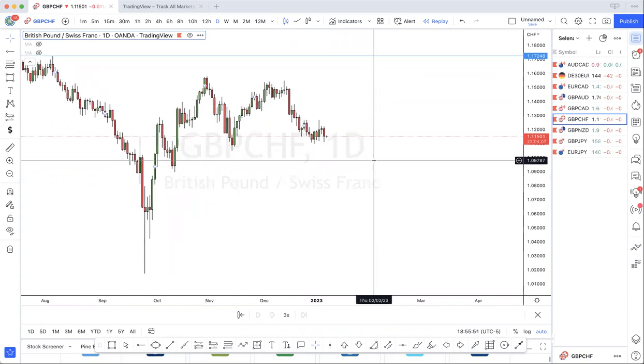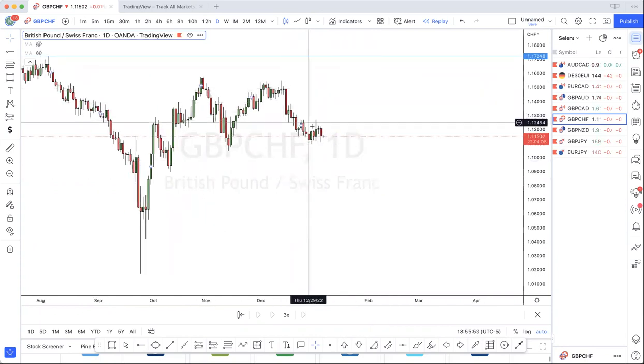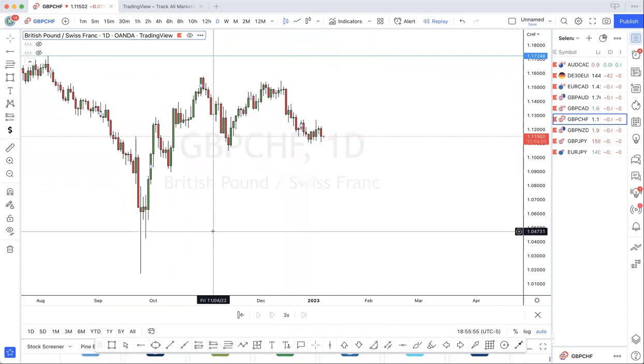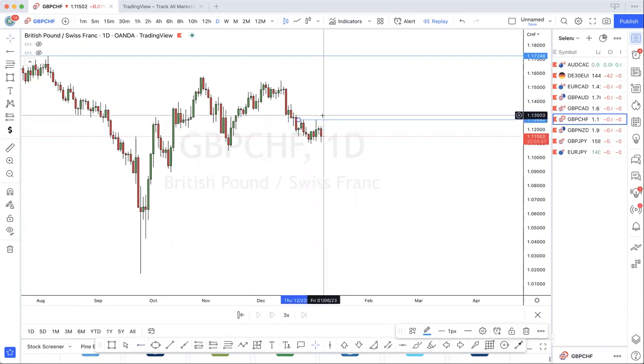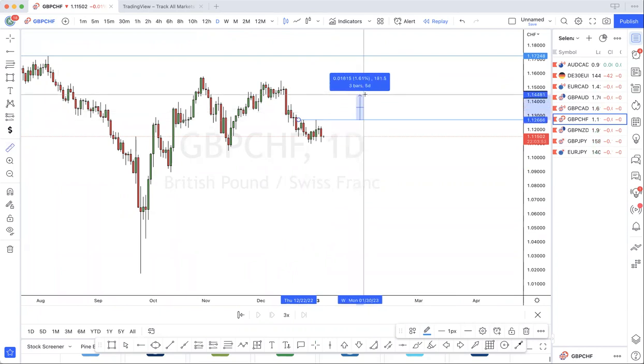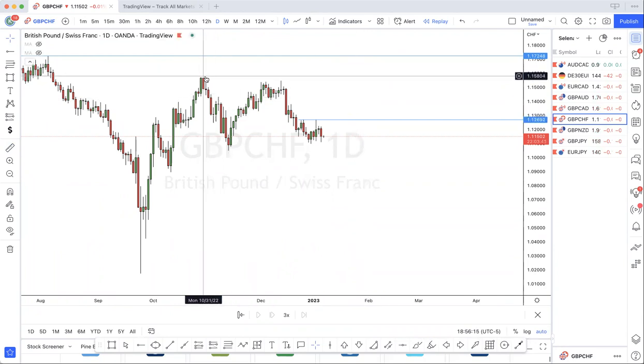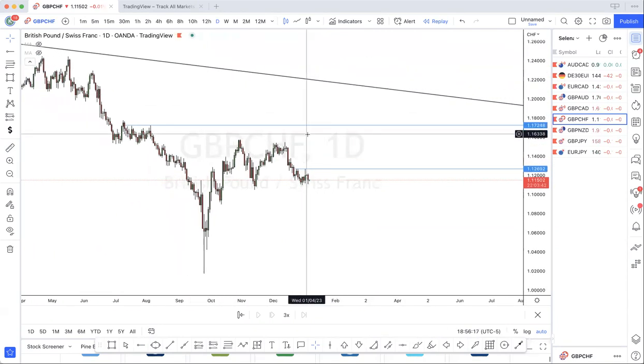So based off of this down move here, this is our current high. If price breaks here, you can at least buy it up to maybe here. That's 186 pips, but not until it breaks the high here.